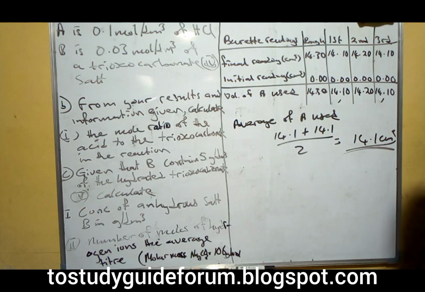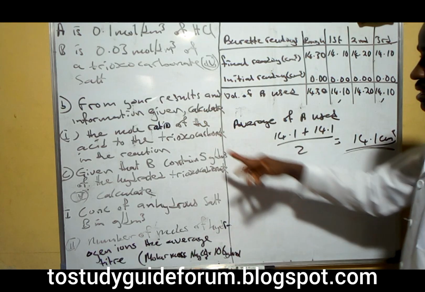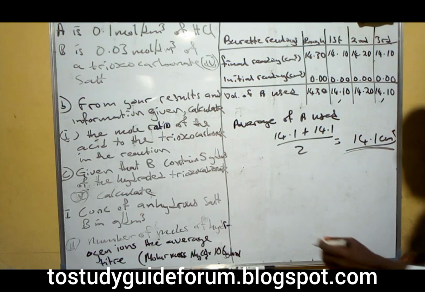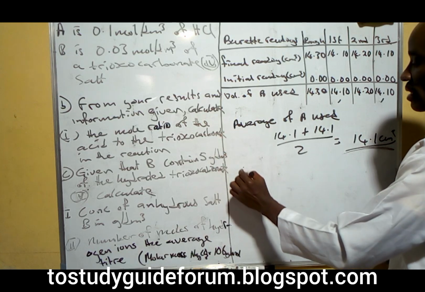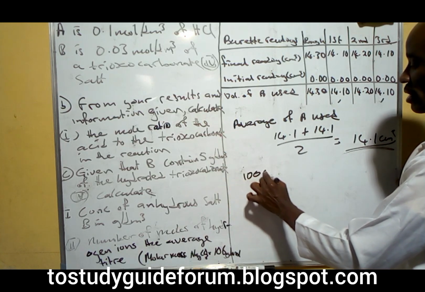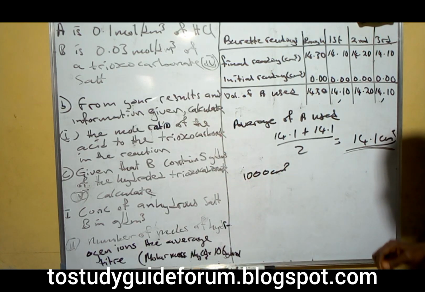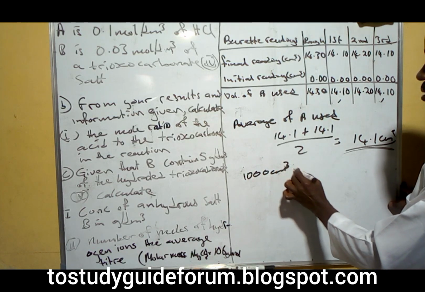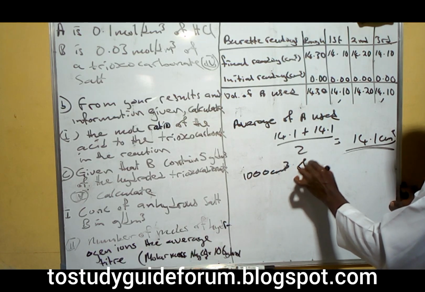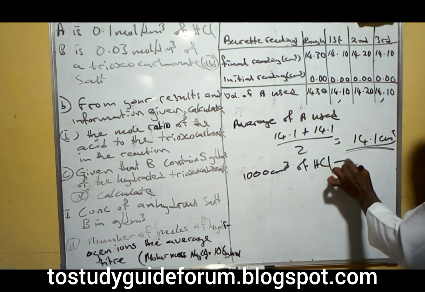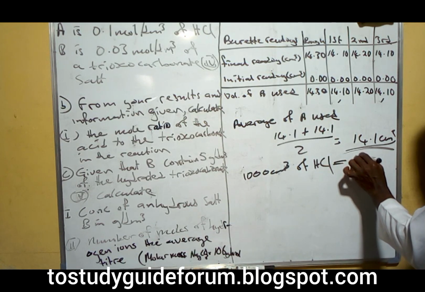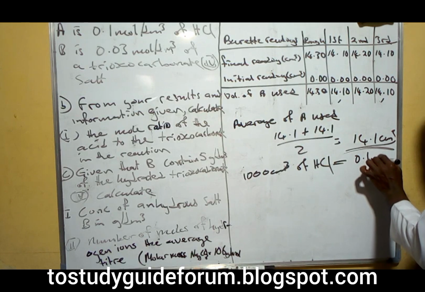Now we are going to calculate the mole ratio. For the mole ratio of the acid to base, we know that 1000 cm cube of the HCl has 0.1 mole.